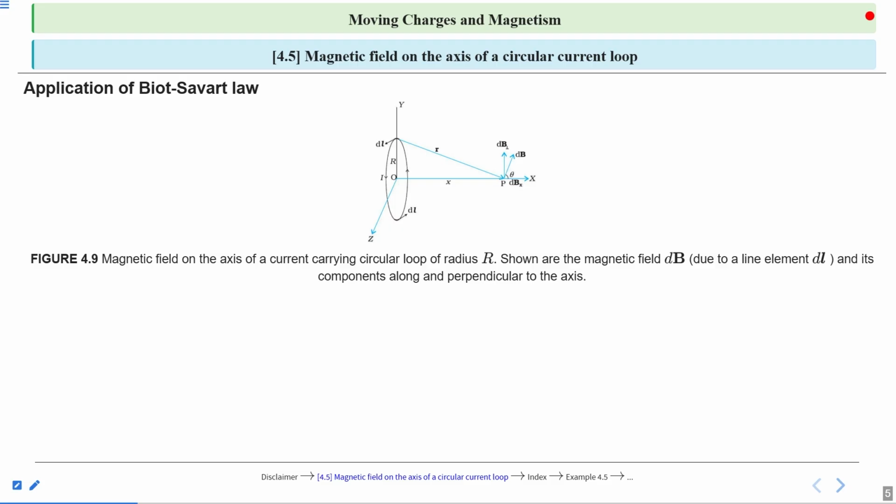Figure 4.9: magnetic field on the axis of a current carrying circular loop of radius R. The radius of this circular loop is capital R. Shown is the magnetic field dB, which is due to a small line element dl, and its components along and perpendicular to the axis are shown at point P on the axis of the circular loop.